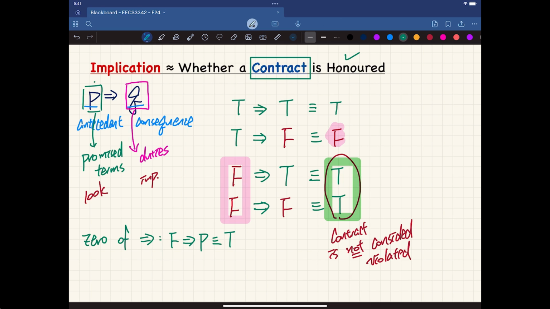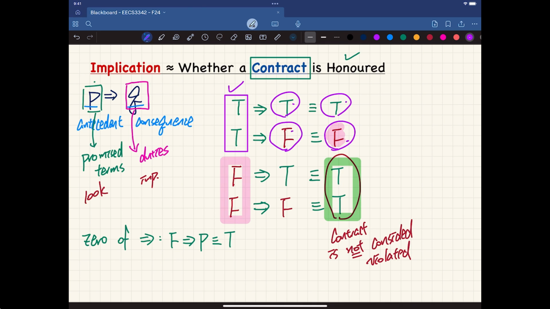The other two cases are like this. Given that the antecedent here is true, does the consequence matter? Yes, it does. If the consequence is T, the result is T. If the consequence is false, the result is false. So it really depends on that. In some way, given that this is already true, the result here really depends on what the consequence is.